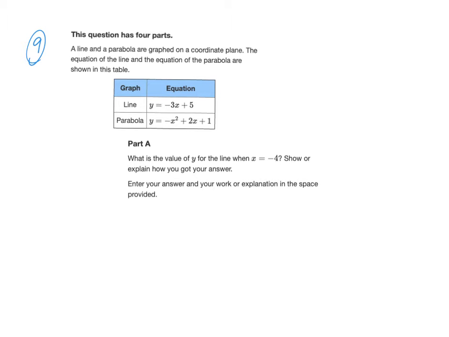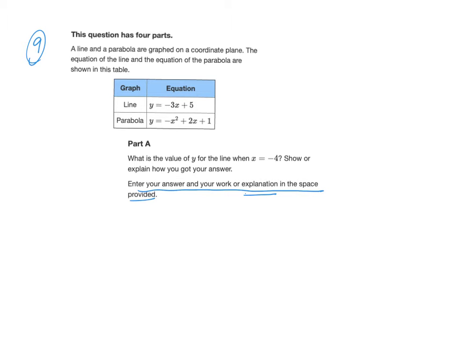Okay, and that's highlighted right in the question. It says, enter your answer and your work or explanation in the space provided. So they want to see the steps. Okay, you can't just do this all mentally. Okay, you need to show all of your work.